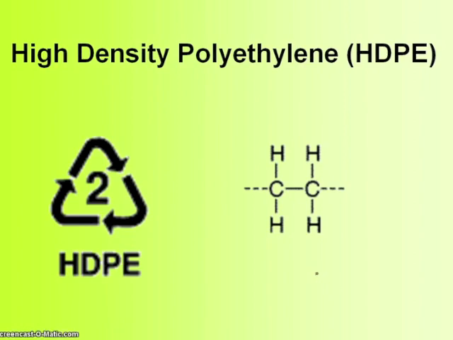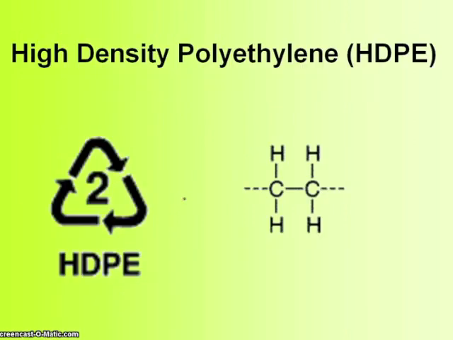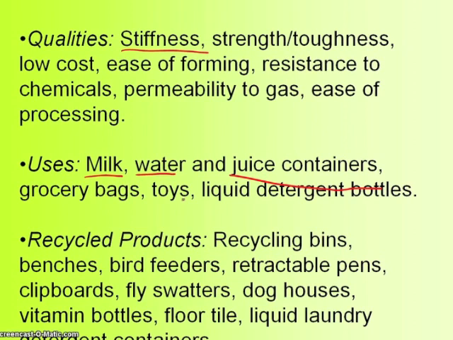Now your high density polyethylene, HDPE. It's going to be a little thicker. With its stiffness it's going to have a little bit more durability, like your milk jugs, your water jugs, juice containers. These are mostly going to be your number 2s, your high density polyethylene. So they have slightly different uses. Notice they're not as clear.